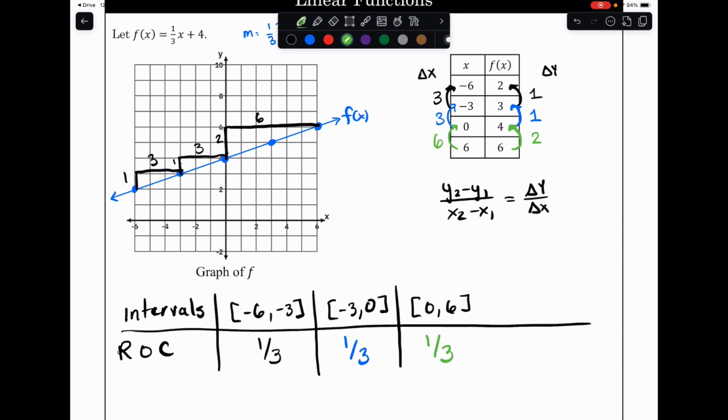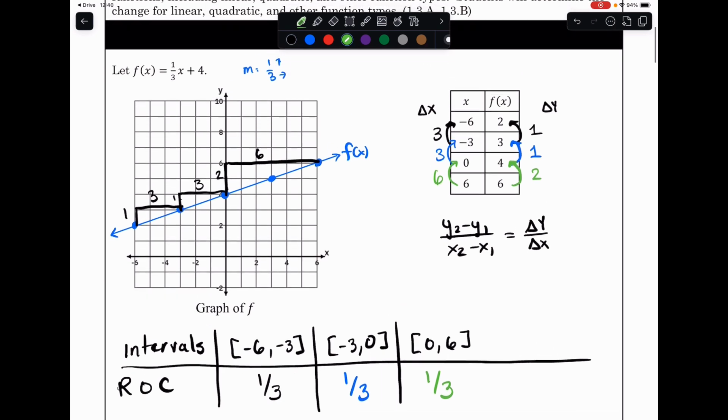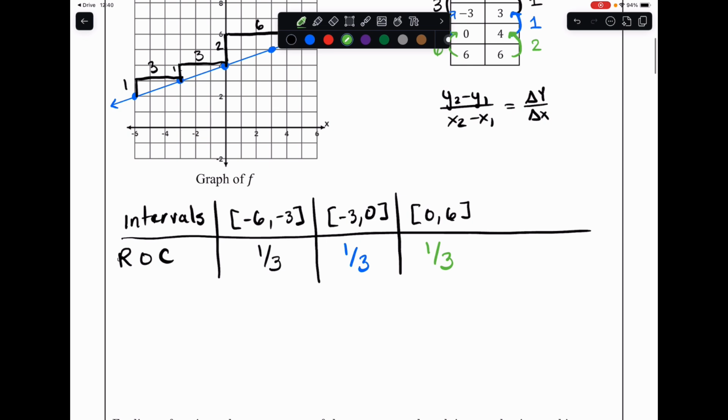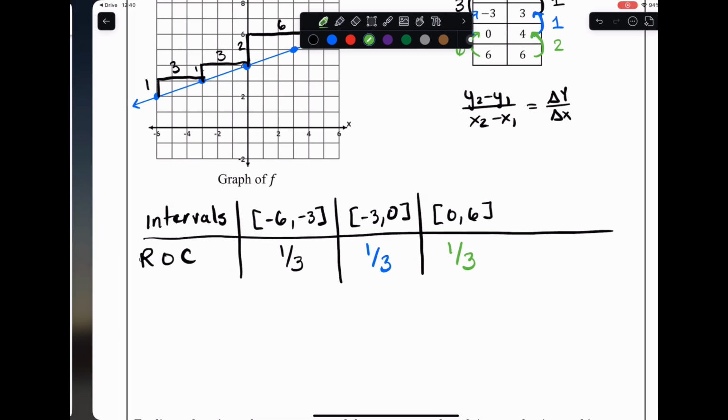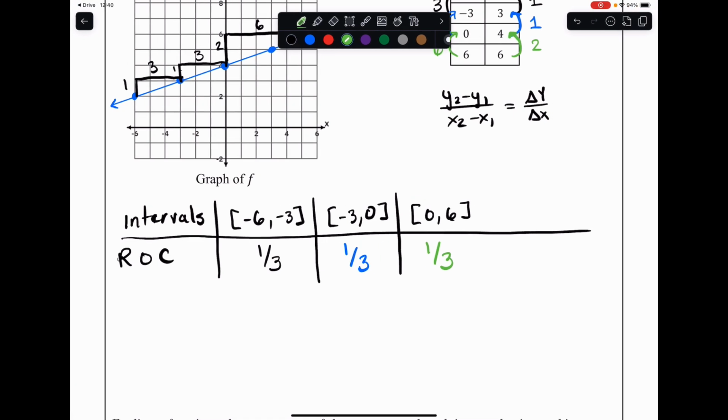And again, the point that I'm trying to get across here is that since we have a straight line, notice that the rate of change is constant, okay? These numbers are always the same. Red, important.